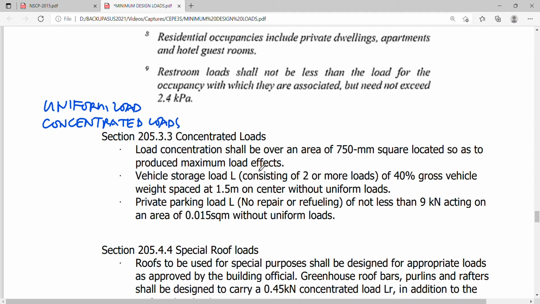Load concentration shall be over an area of 750 square millimeter located so as to produce maximum load effect. So this 750 millimeter square is actually the size or the dimension of the area upon which the concentrated load in general should be applied. Okay, so this is the area we are considering here.